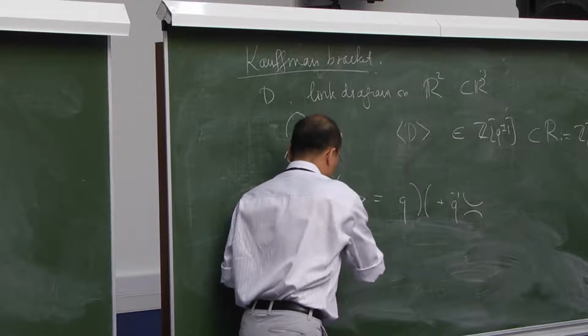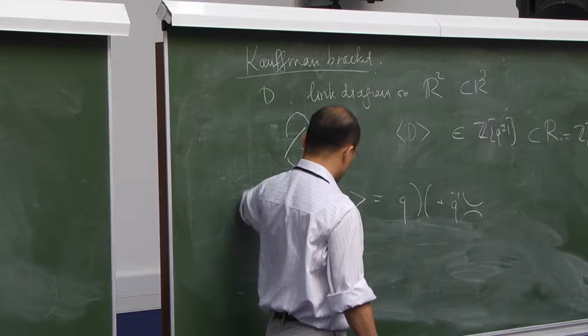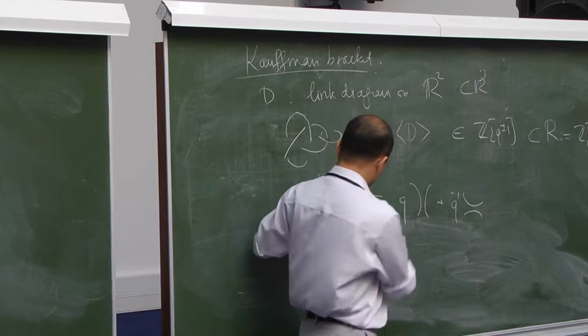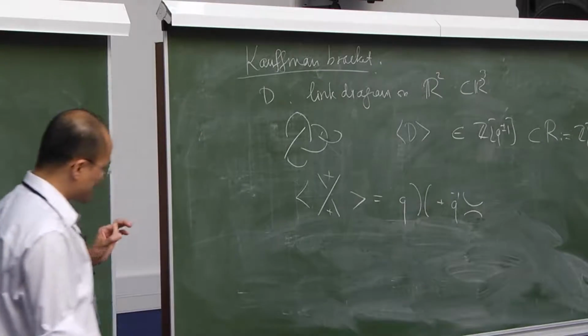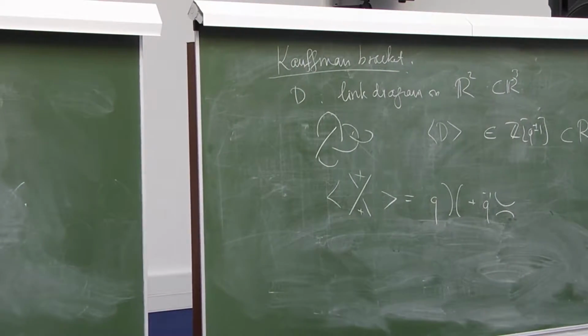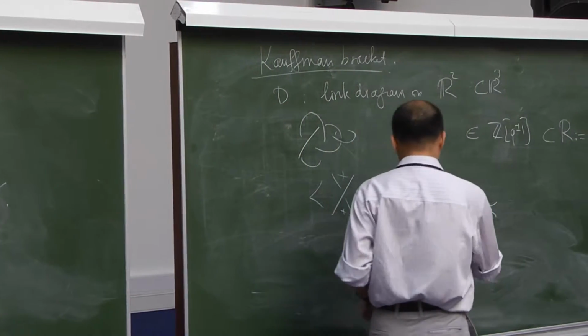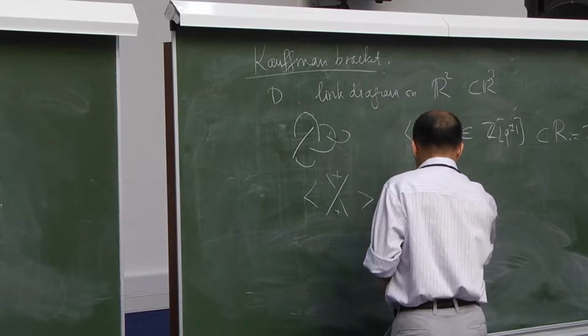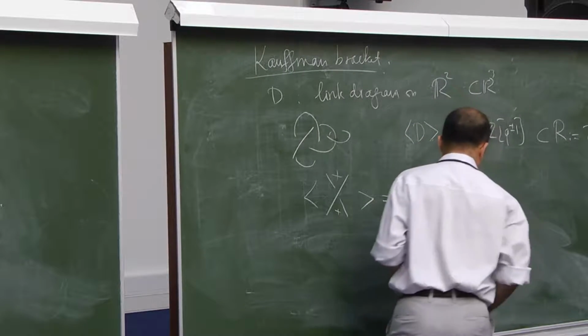If I resolve these two, I get the plus here, and the other two quadrants give us the minus here. Okay? So that is the rule for resolving a crossing of a link diagram.